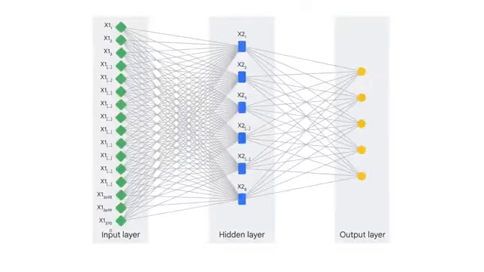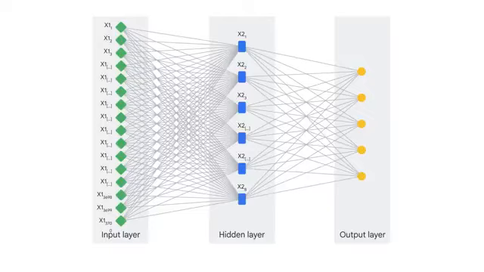Artificial neural networks are inspired by the human brain. They are made up of many interconnected nodes, or neurons, that can learn to perform tasks by processing data and making predictions. Deep learning models typically have many layers of neurons, which allows them to learn more complex patterns than traditional machine learning models. And neural networks can use both labeled and unlabeled data.